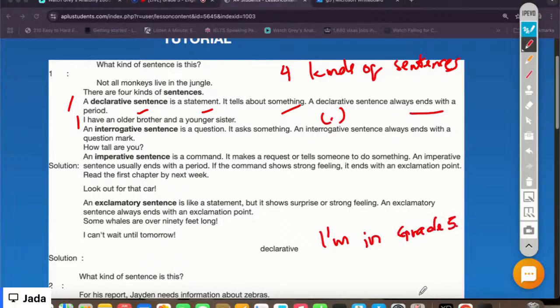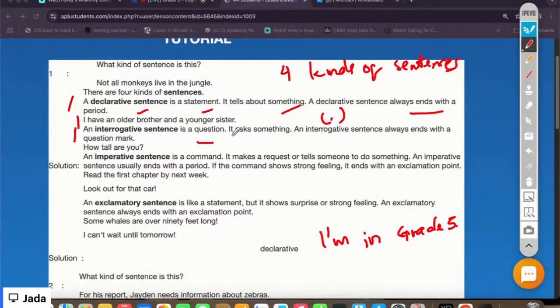That is a statement, so it's a declarative sentence, and you can put a period to end that, because you're telling us about something and it is a statement. It ends with a period. It's a declarative sentence.